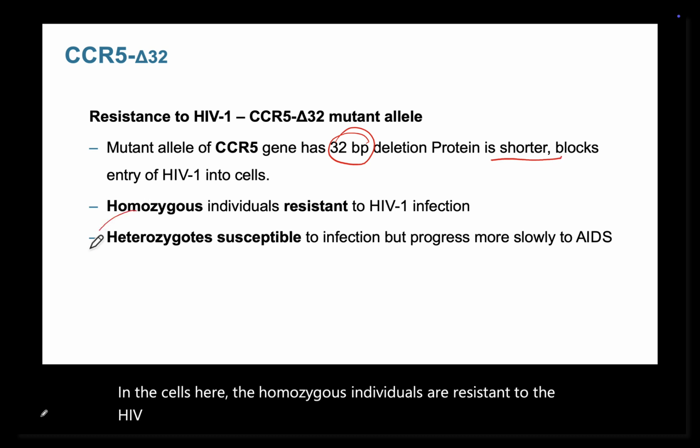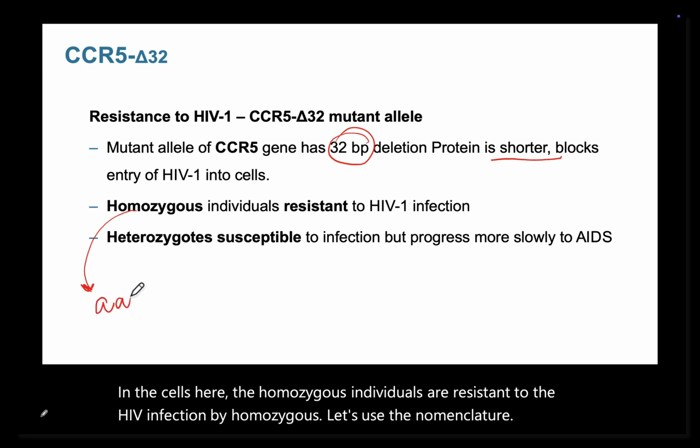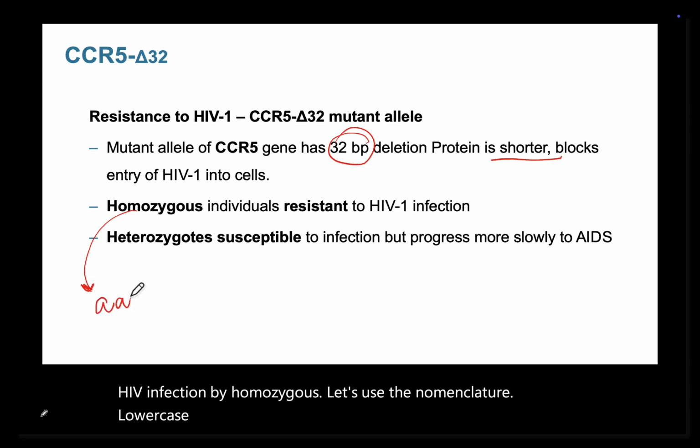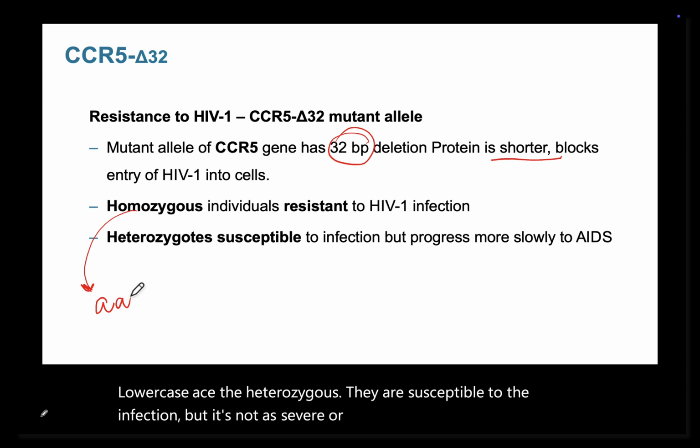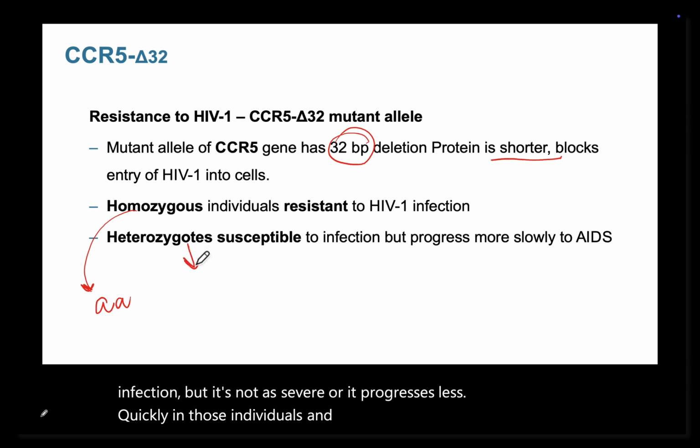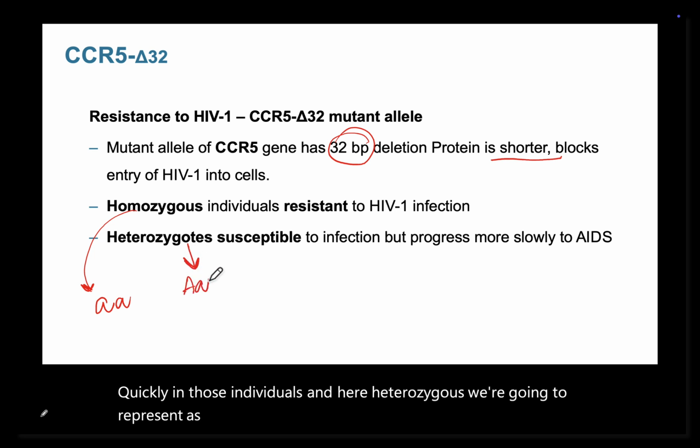By homozygous, let's use the nomenclature, lowercase a's. The heterozygous, they are susceptible to the infection, but it's not as severe, or it progresses less quickly in those individuals. And here, heterozygous, we're going to represent as a capital A and lowercase a.